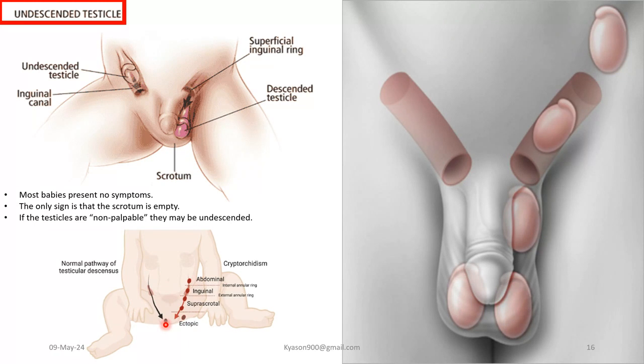So they have to descend to the scrotum to be free from the high temperatures. If one is not descended, of course it won't be producing viable sperm, and the little sperm that will be coming from it may not be enough, and that may account for male infertility. That's why they have to be managed after birth.